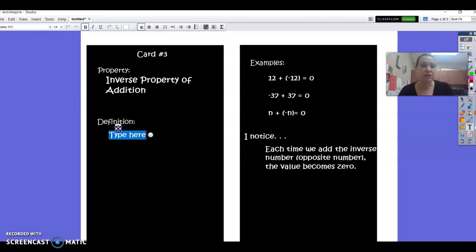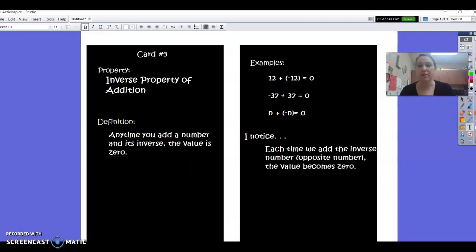Want to create a definition for the additive property or the inverse property of addition. The definition is anytime you add a number and its inverse, the value is 0.